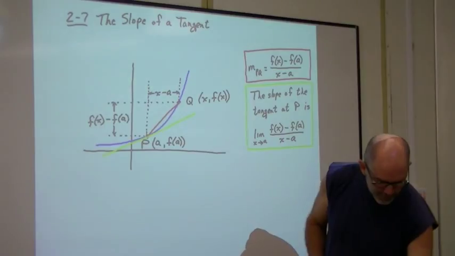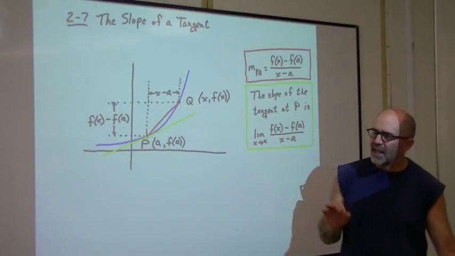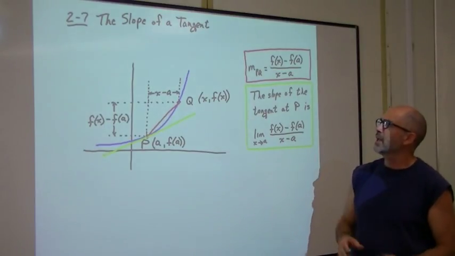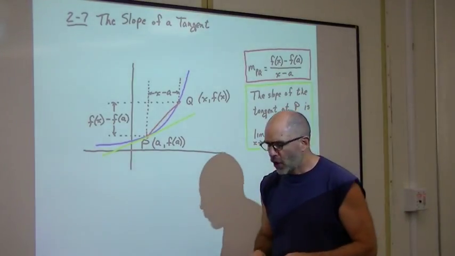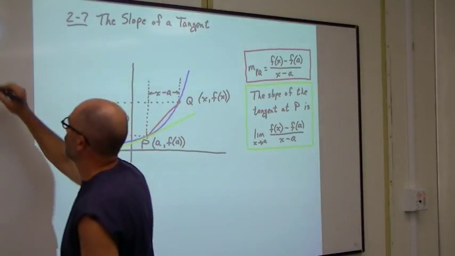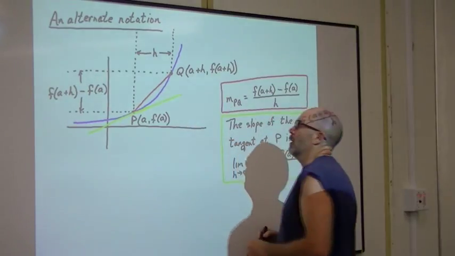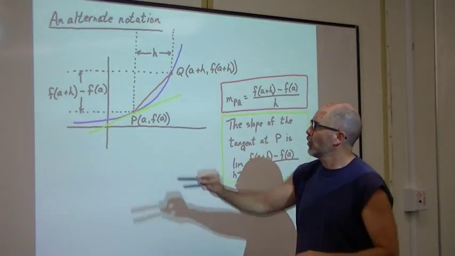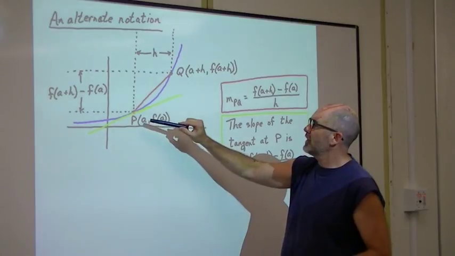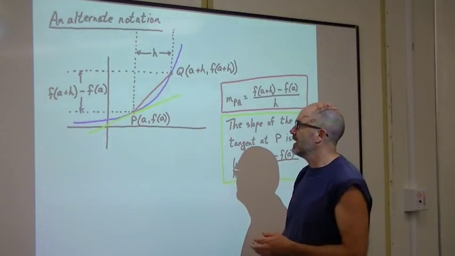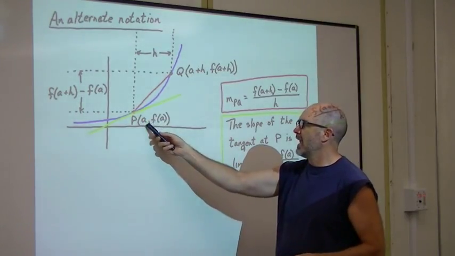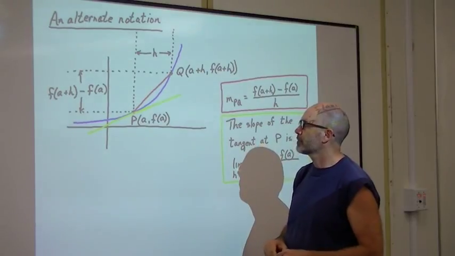cruising onward. Now we have the exact same situation, only we're going to be using alternate notation. So once again, we have our curve, and we want the slope of the tangent at P, and point P is going to be a, f of a.